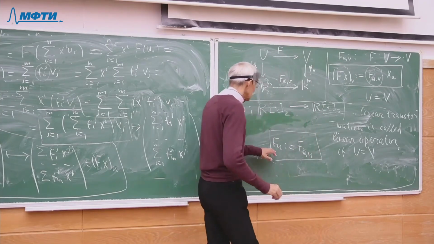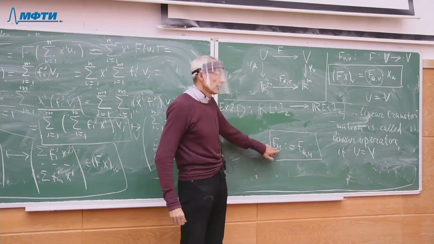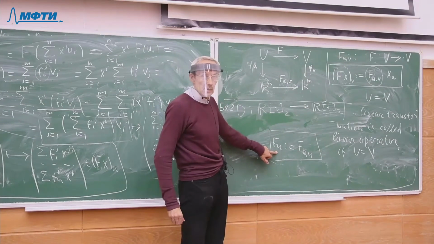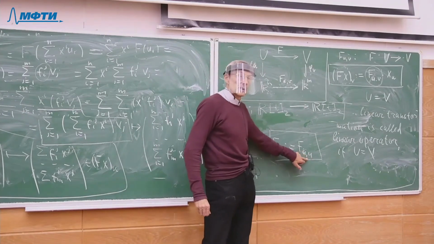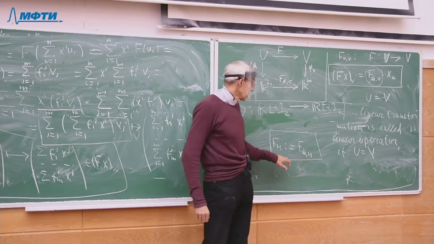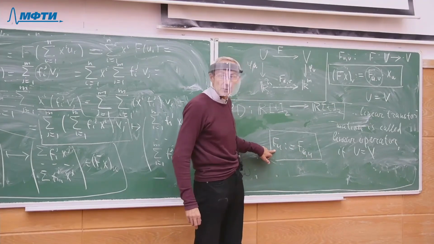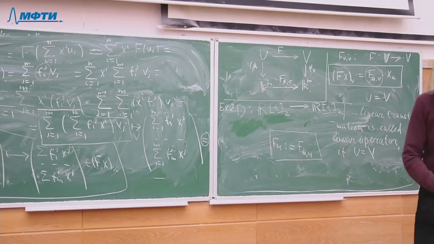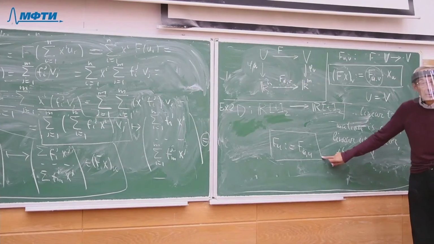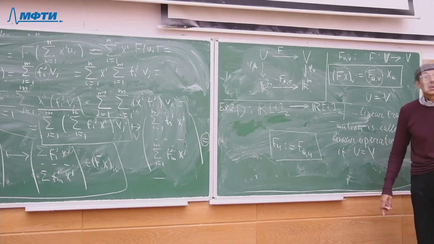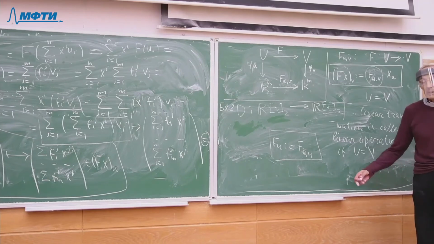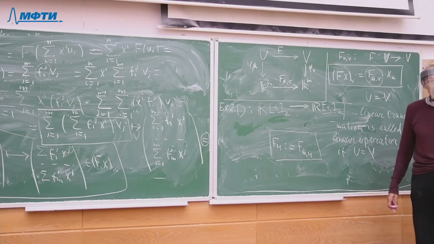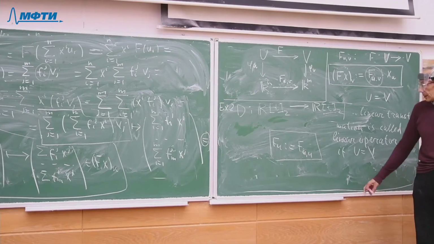I will denote it F with one index. If the two bases coincide, I will use only one letter U for this notation. The linear operator is the most interesting example of a linear transformation. I will explain later why this is right.